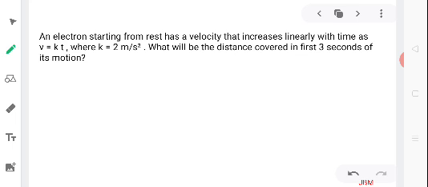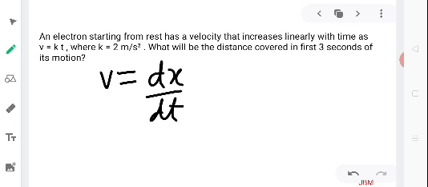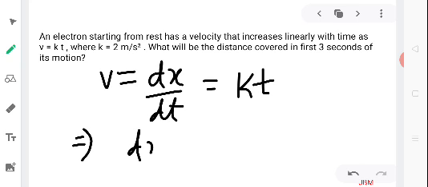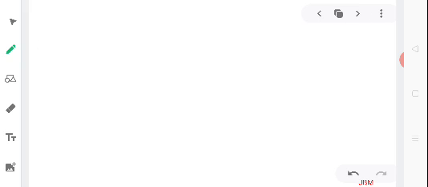So now we can write down v is equal to dx by dt, and velocity is given as k into t. So now we can write down dx equal to kt dt. Now we can integrate both sides.